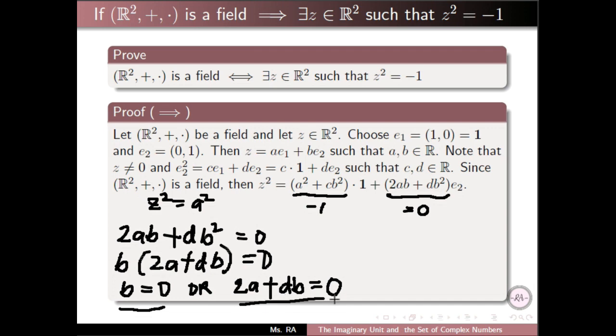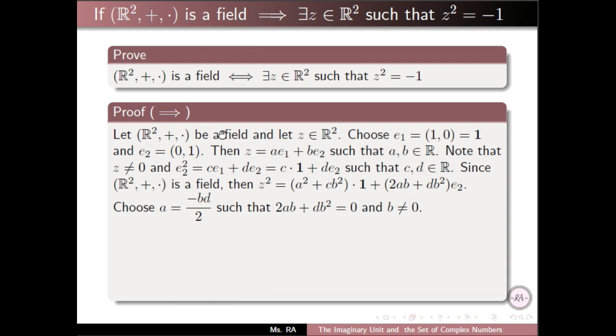And then simplifying this part, we're going to get this value: a is equal to minus b times d over 2. That will give us 2 times ab plus db squared equal to 0. And note that b should not be equal to 0 as well. Now, simplifying this, we already have a value for a, and observe that b should not be equal to 0.